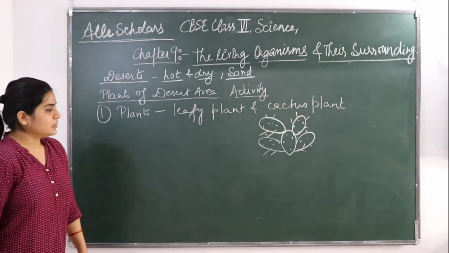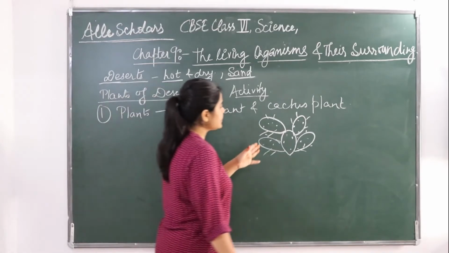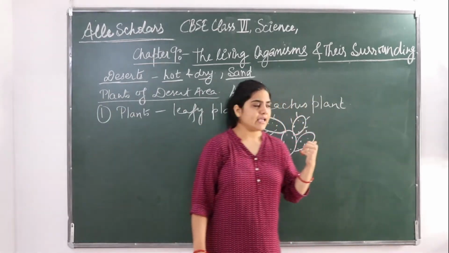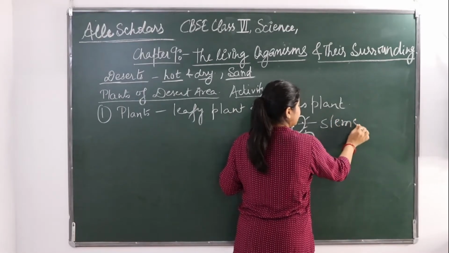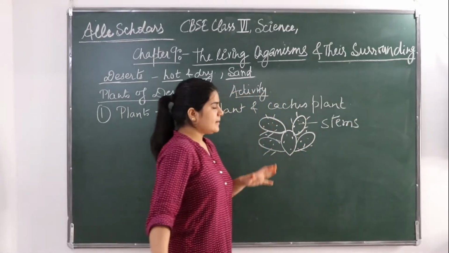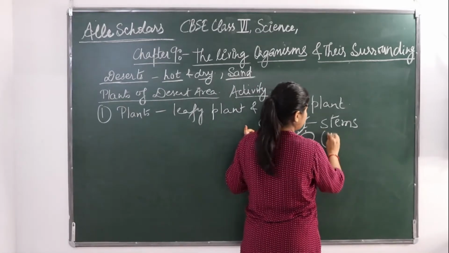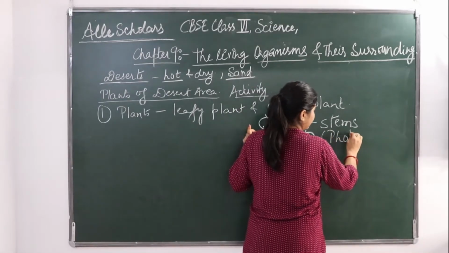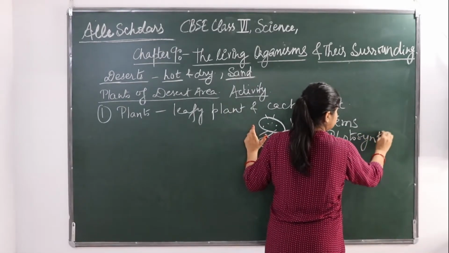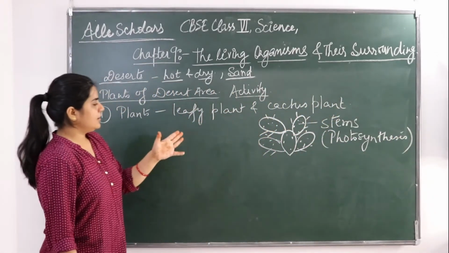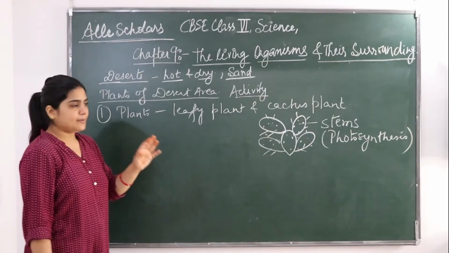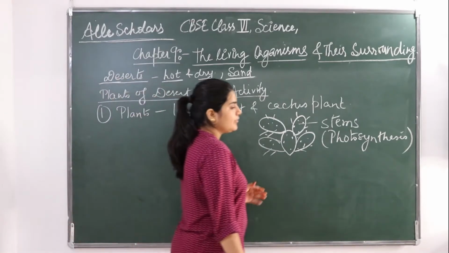Okay. So, photosynthesis in these plants is usually carried out by the stem. These are not leaves, these are modified into stems. Photosynthesis is also taking place here only. Photosynthesis takes place in these stems only. Okay, and this modification of the leaves prevents the loss of water through transpiration.